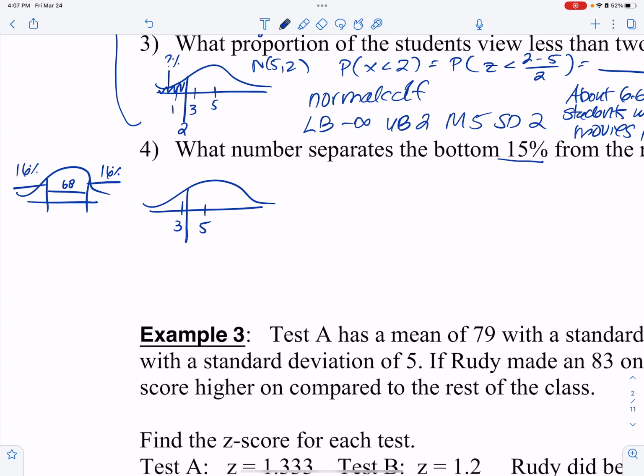So we know if this was our multiple choice, it's going to be a little bit more than 3, because that's 15%. And 3 is 1 standard deviation away from the mean. So we know it's going to be not quite that, because at 1 standard deviation away from the mean is the 16%, in the 68, 95, 99.7 rule.